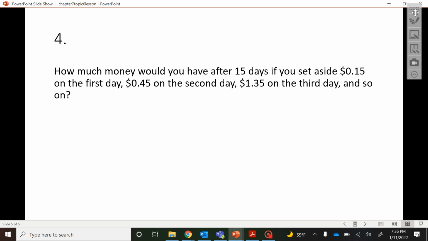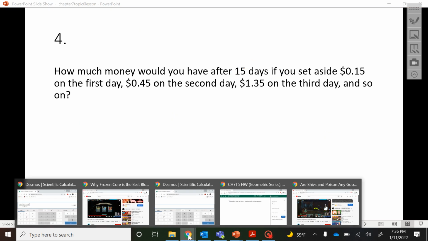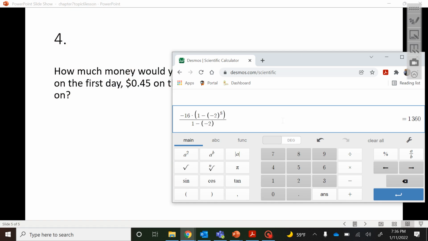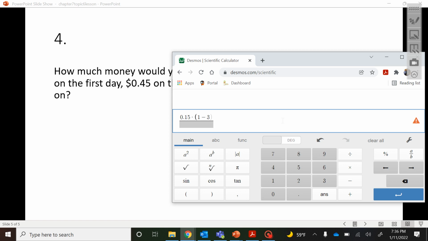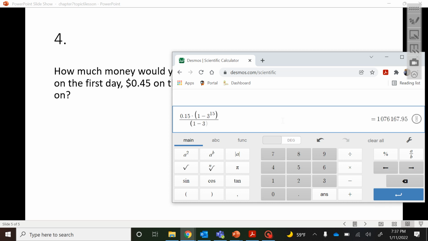So I'm going to have to put that down for a second and bring up the scientific calculator here. So let's see what we have if we do this. So well, we need numerator and denominator. Okay, 0.15 multiplied by 1 minus 3 to the power of 15. And in the denominator, we have 1 minus 3.